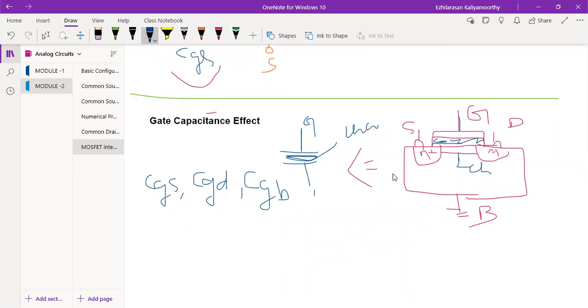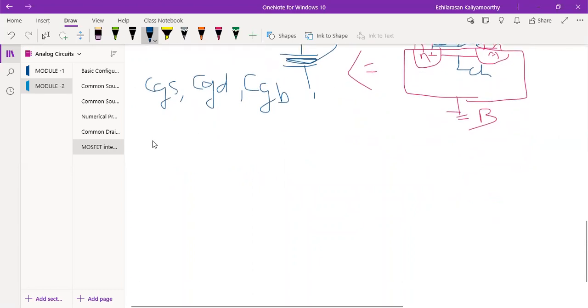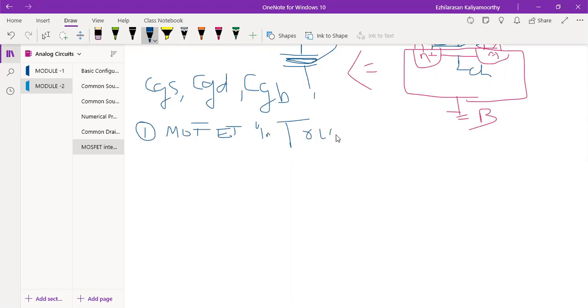Now when you operate this MOSFET, it can operate in three regions. First, assume the MOSFET is operating in the triode region. We need to know what the triode region is.